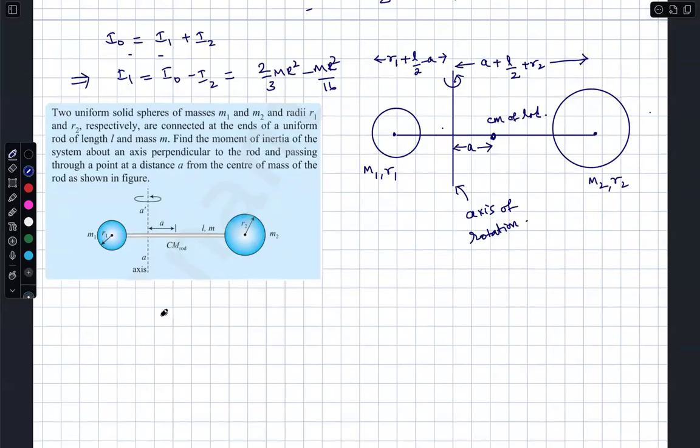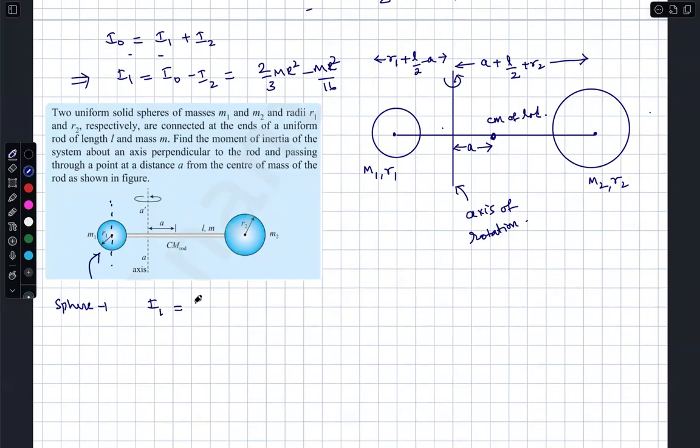Very simple. Now, see, the moment of inertia of sphere 1 about this axis.